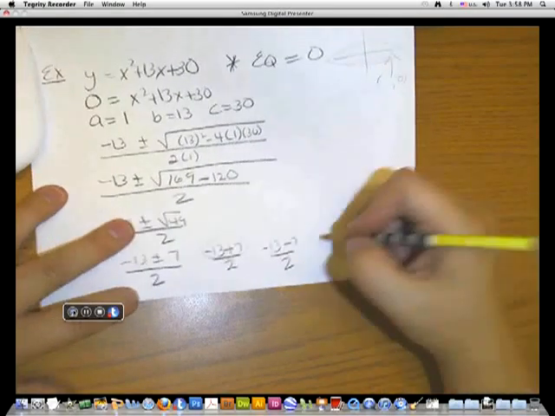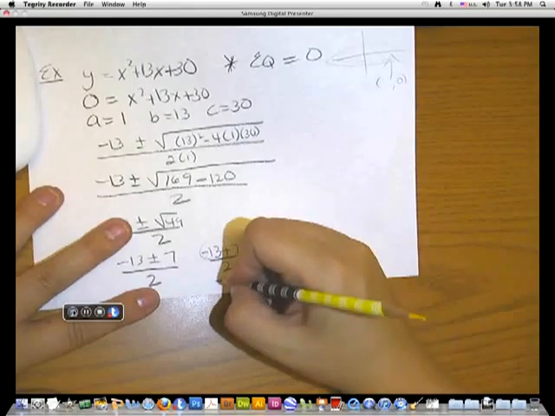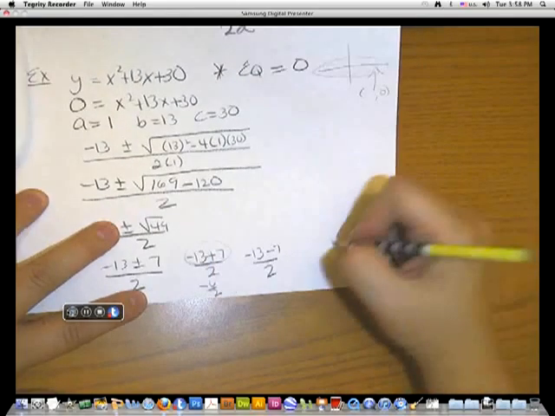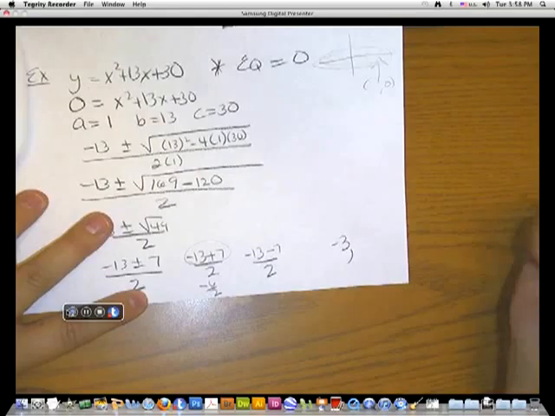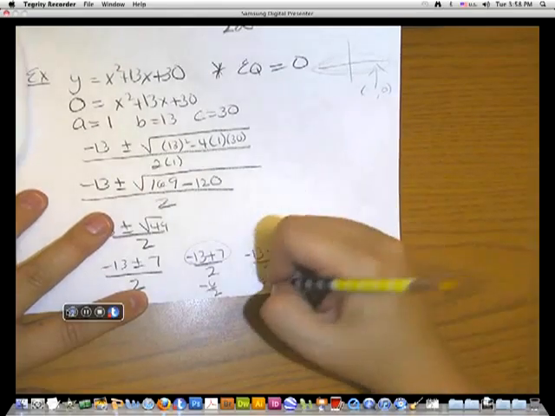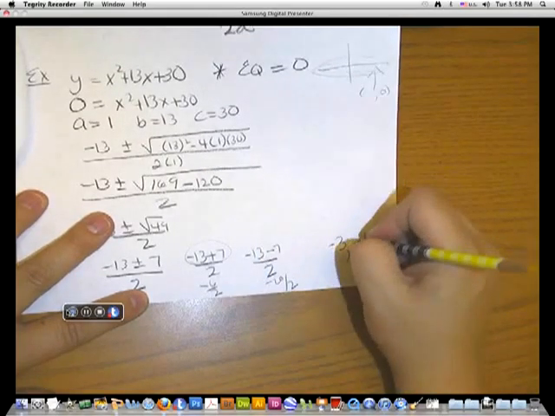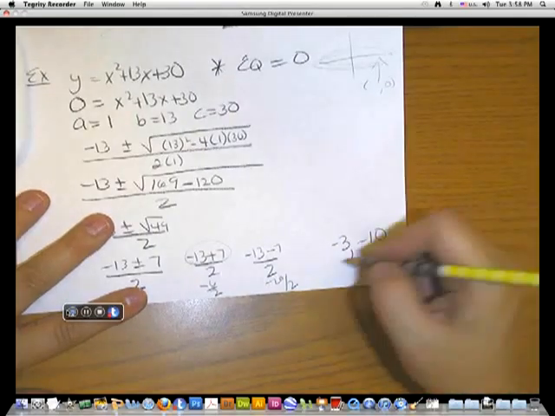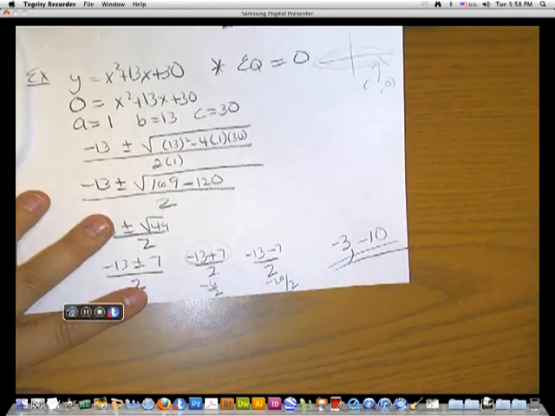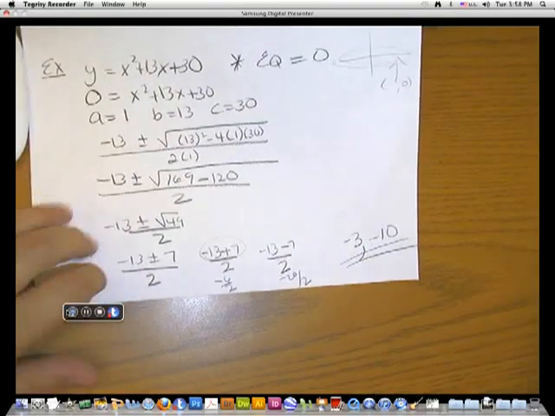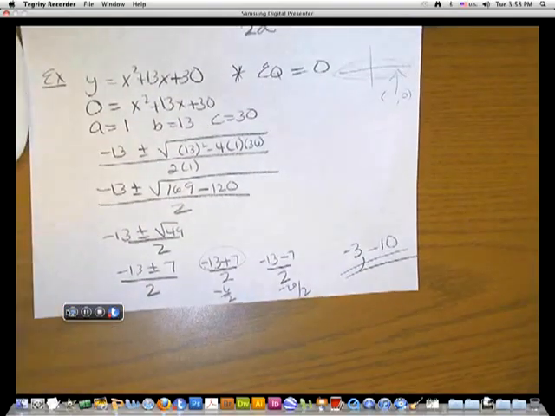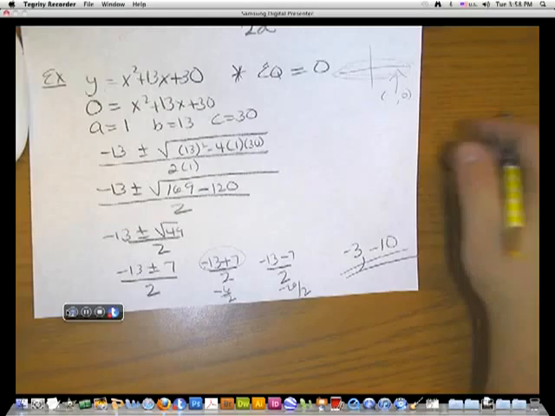Minus 13 plus 7 is negative 6 divided by 2, which is negative 3. And negative 13 minus 7 is minus 20 divided by 2, which is negative 10. So the solutions are negative 3 and negative 10. So they do come out to whole numbers. That means I could have factored this. However, when numbers are bigger or whatever and we don't quite see it right away, we need to have other ways to solve, and one way is to be able to use this quadratic formula.